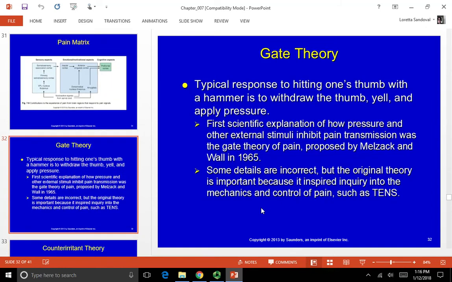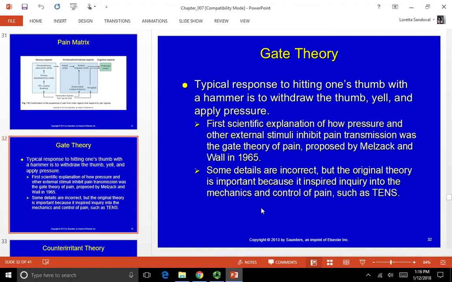So we talked about gate theory last quarter. So the typical response to, say, hitting your thumb, you withdraw the thumb, you yell, you apply pressure. So the Melzack and Wall Gate Theory of Pain in 1965 kind of came up with the first scientific explanation of how pressure and other external stimuli inhibit pain transmission.